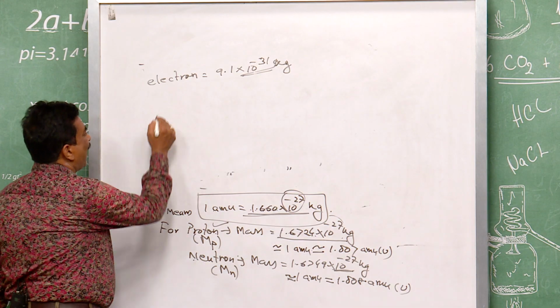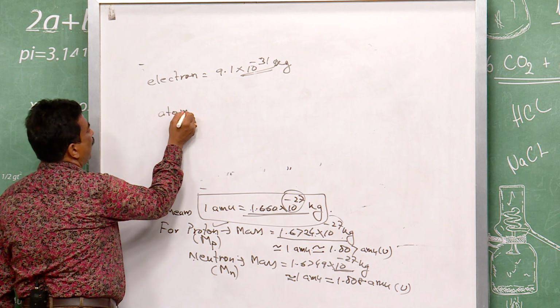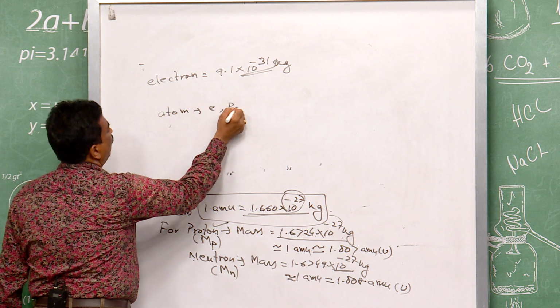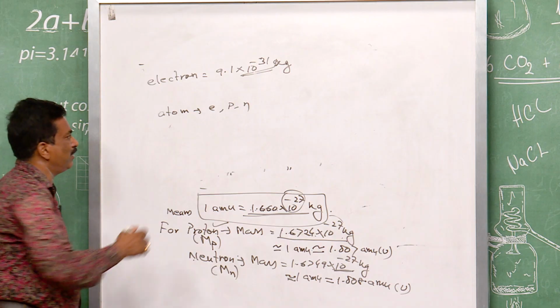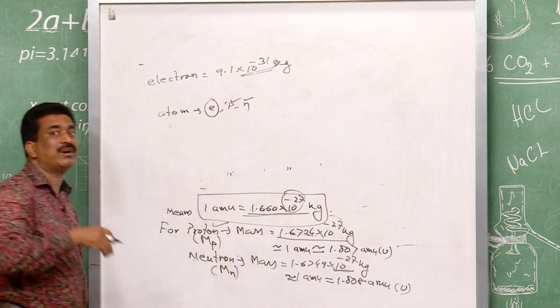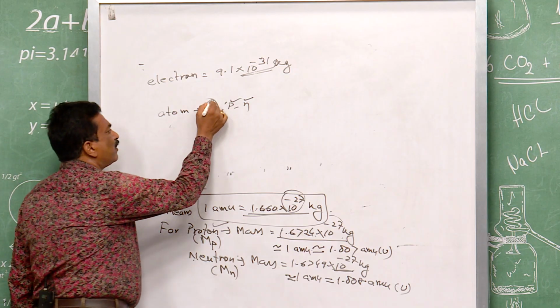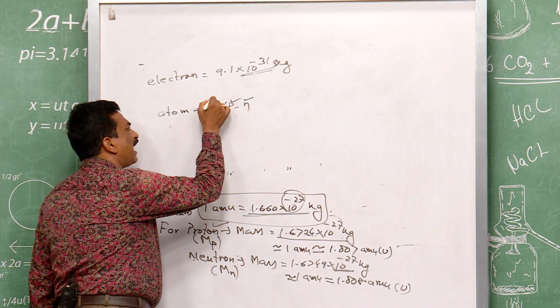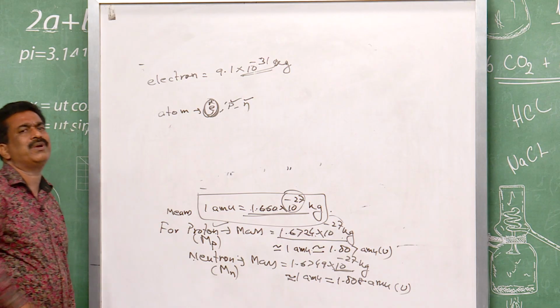Therefore, in the case of the atom, which consists of electron, proton and neutron, the proton and neutron masses compared with the electron are very, very high. Therefore, the electron mass is nearly negligible.